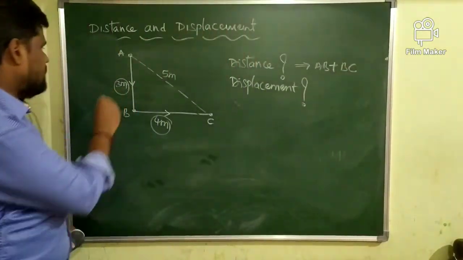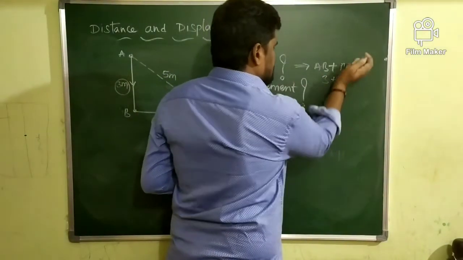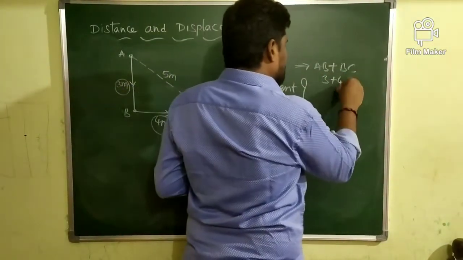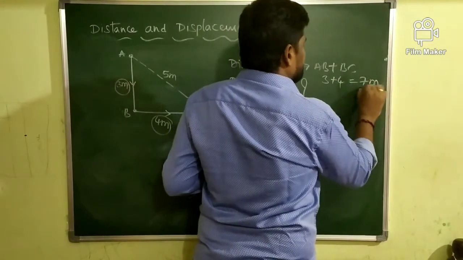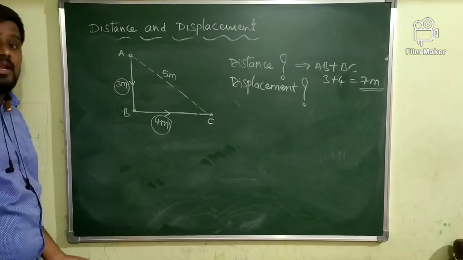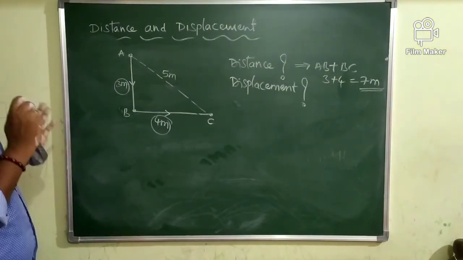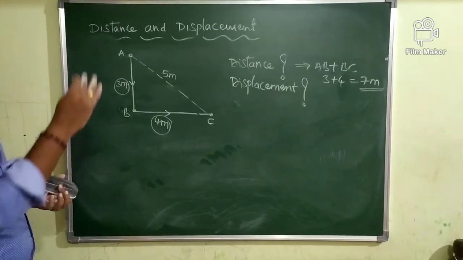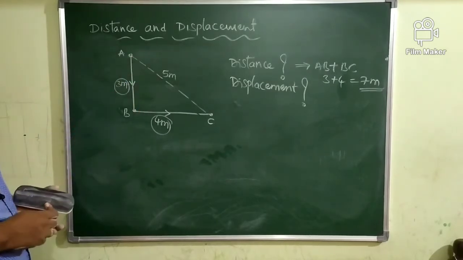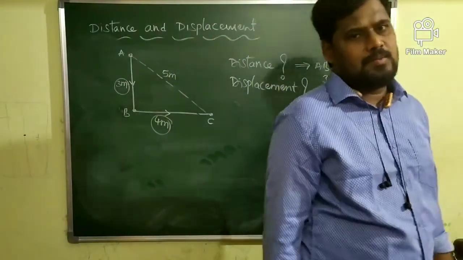What is the AB value here? 3 meter. BC value is how much? BC value is 4 meter. Total 7 meter. What is 7 meter? The total path length covered by the body during its motion. The total path length covered by the body is 7 meter. That 7 meter we will call as the distance traveled by the body.